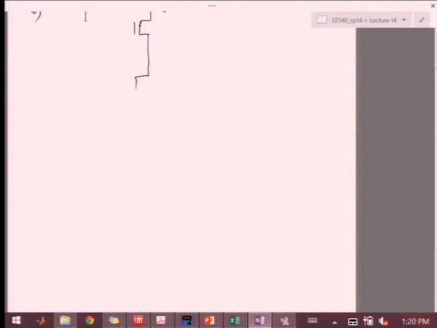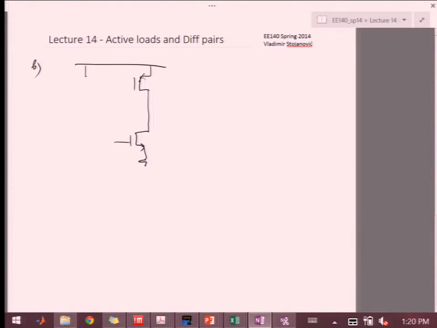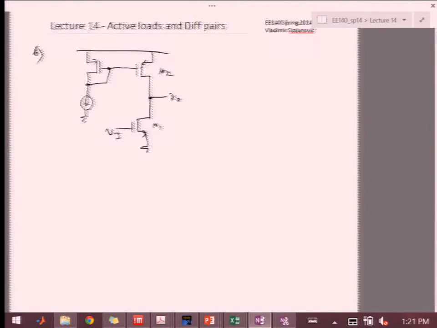So with this topology, we can now swing larger, but let's first take a look at the small signal. So what is the total R out on this topology?